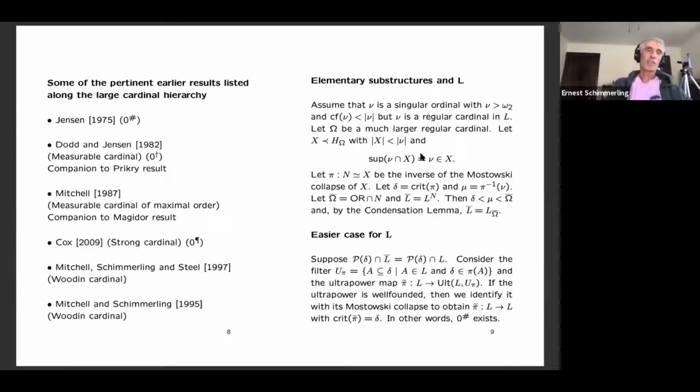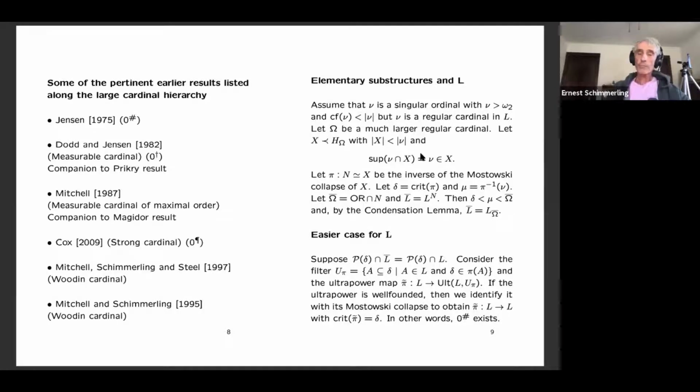All right, so let's take a look at L. Assume nu is a singular ordinal bigger than omega 2, and the cofinality of nu is less than the cardinality of nu, but nu is a regular cardinal in L. Let's see what happens.